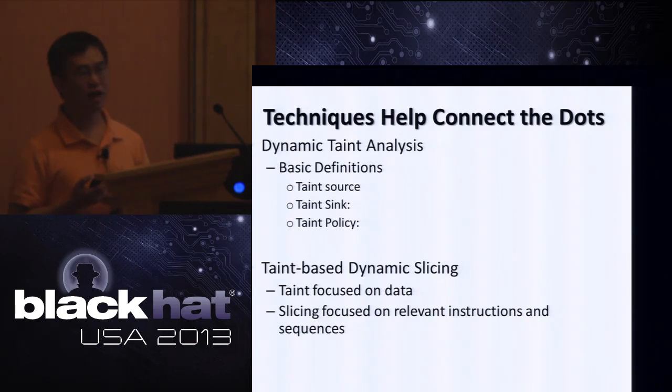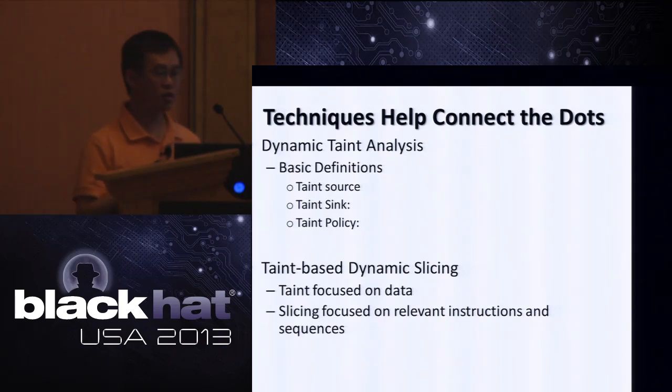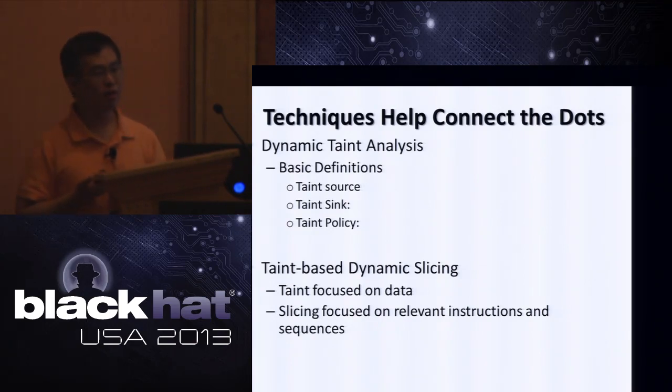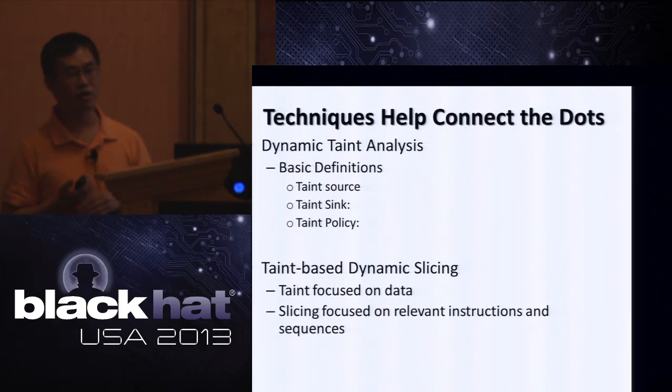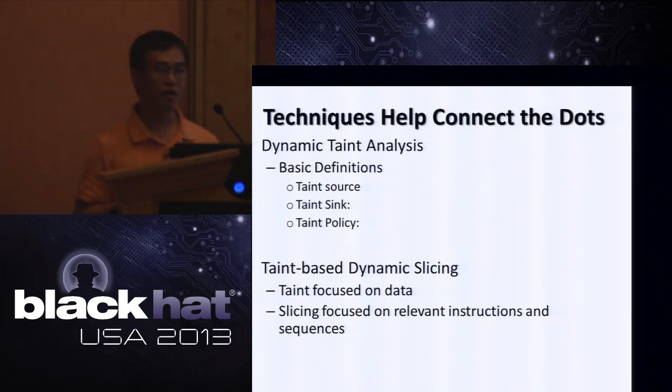Taint source is the data you want to start with. Taint sink is the data you eventually care about. And taint policy is how the taint source might affect the sink. So in a vulnerability context, the taint source usually can be your input, the input that the user has control of.